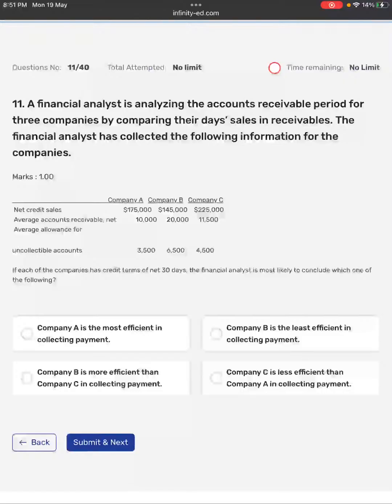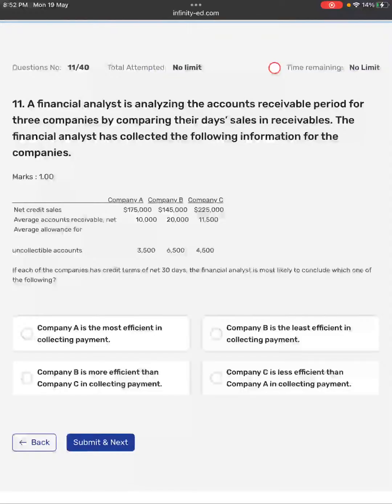Company B, 145,000 divided by 20,000 comes to 7.25, and company C, 1,25,000 divided by 11,500 is 19.56. It means highest is 19.56, and for the first one 175,000 divided by 10,000 is 17.5.